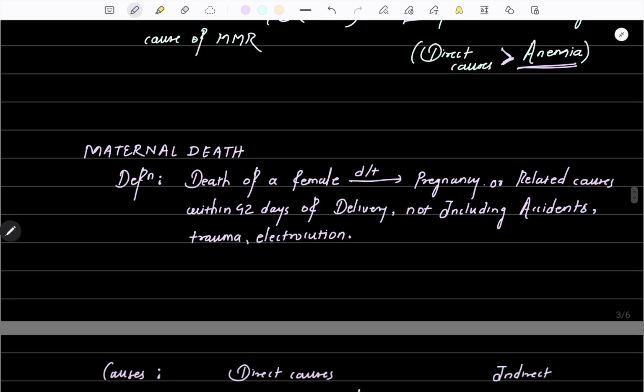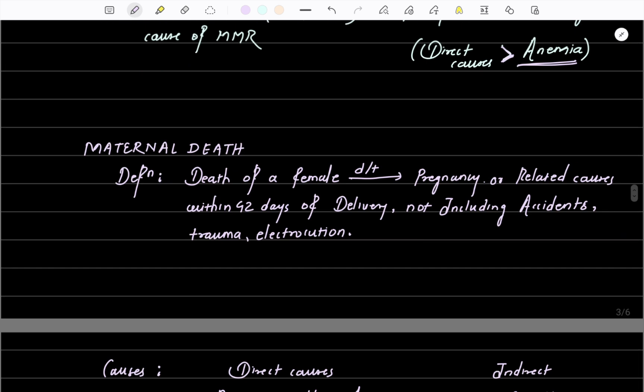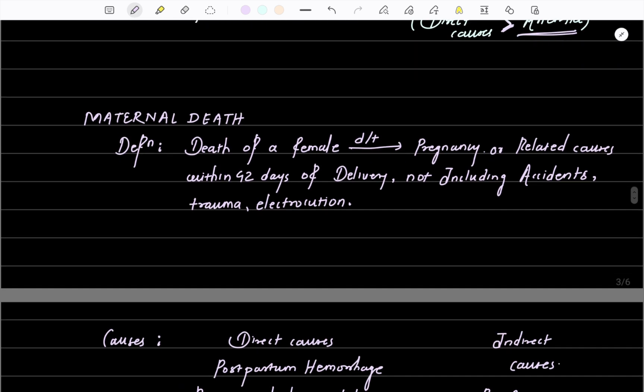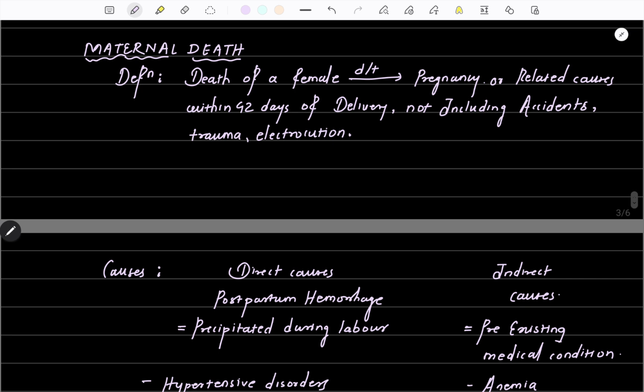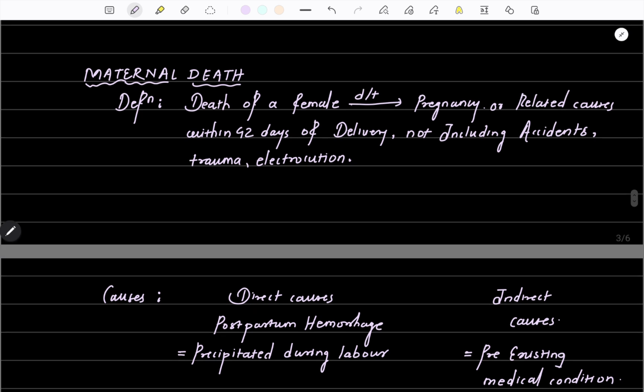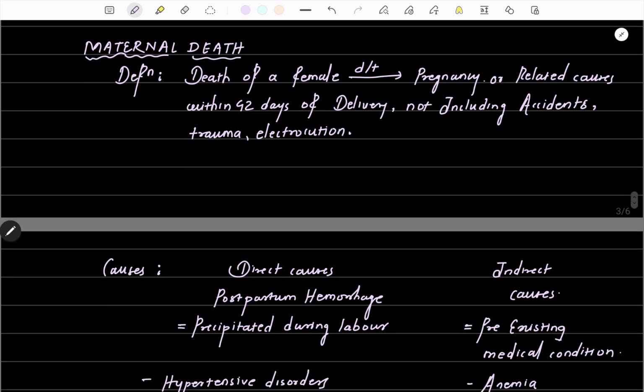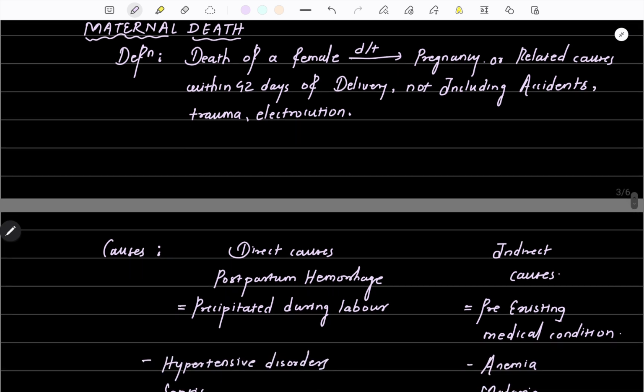Okay, then we will look into more depth in this topic, maternal death. Its definition is very important: death of a female due to pregnancy or related causes within 42 days of delivery, not including accident, trauma and electrocution.